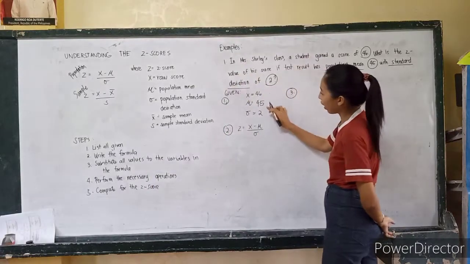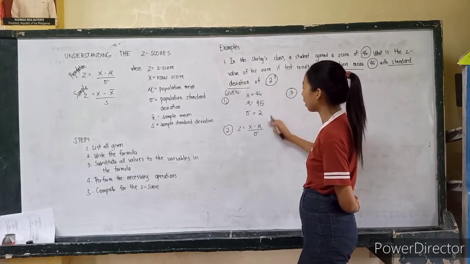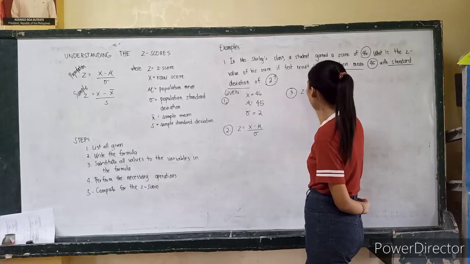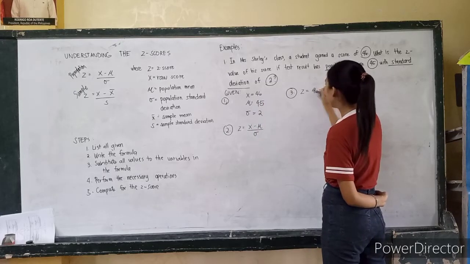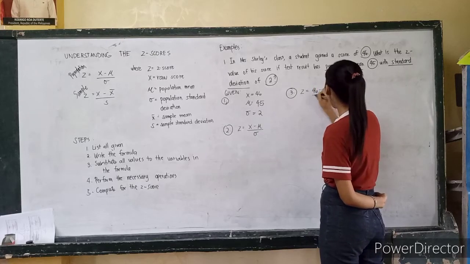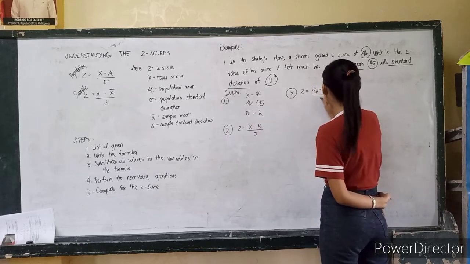So, nanakay given, nanakay mga numbers din ha, ipuli lang nato na silang tanan dinhi sa imuhang formula. So, Z is equal to X, that is 46, minus mu, which is 45, over 2, which is your standard deviation.